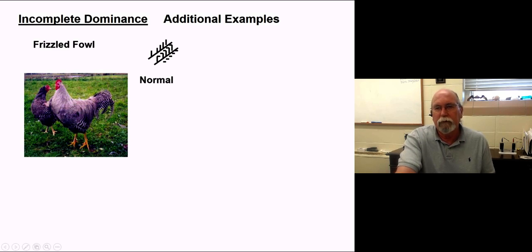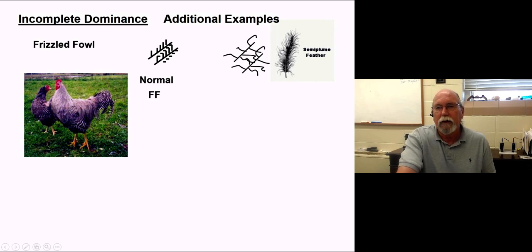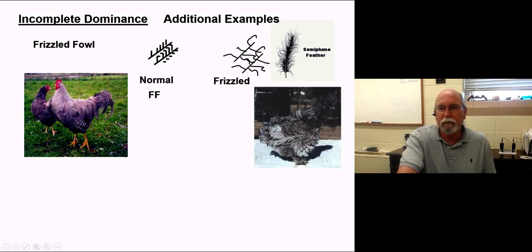There are protein level effects that will affect whether these are straight or not, these little articulations here. And if they're not, then you get what are known as fuzzy or frizzled fowl, and that looks something like this. Okay, now these frizzled fowl are actually very valuable for show chickens because they have this sort of, looks like a bad hair day. Not a particularly good example of hair, but it looks like you've had sort of that, right?